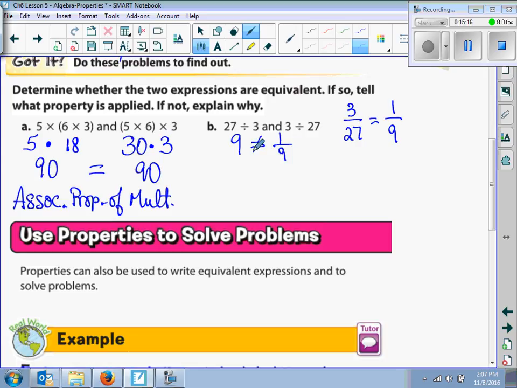So that means, when we flip them around, what property are we trying to illustrate? Commutative. Very good. So we say here that the commutative property does not hold for division.